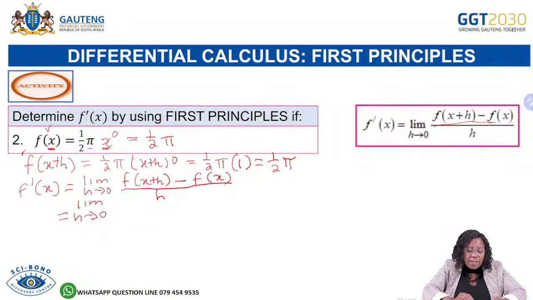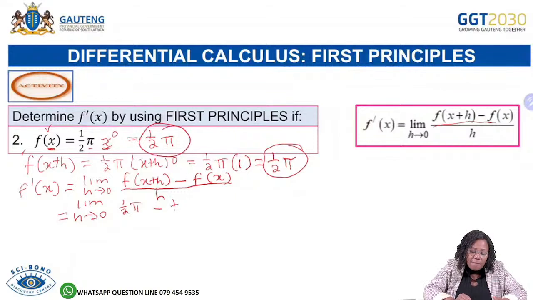So f at x plus h is that value there, half pi, minus the f at x, which is still a half pi. Can you see, grade 12? We are subtracting same terms there. Why? Because our f at x is a constant value there. And then we are having the limit of h approaching 0.